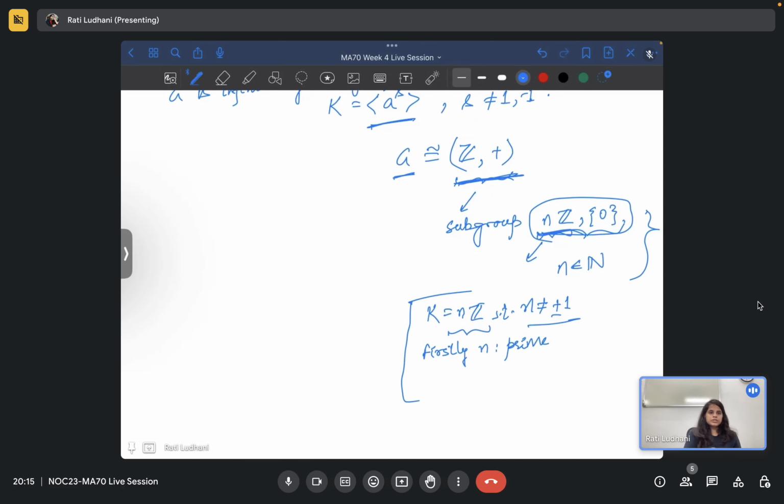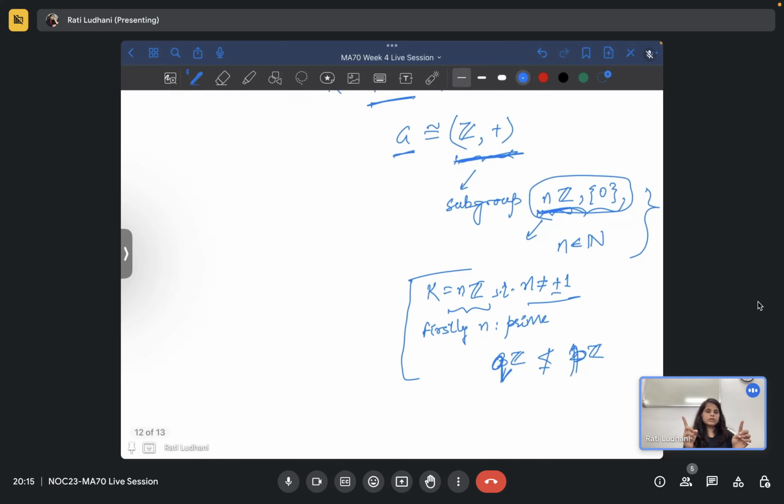If you say this is 2Z, then 3Z is not a subgroup of 2Z, or any prime p and any q. So this is not possible because we have Bezout's theorem that for p and q the GCD is 1. So this cannot be the case, right?